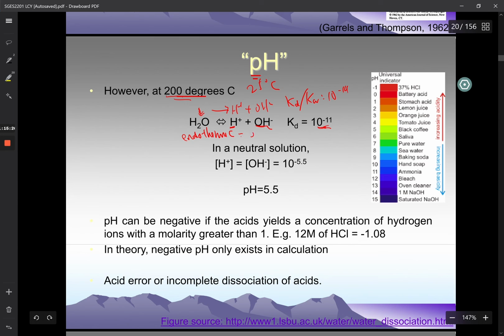And an exothermic process is one where you release energy, or heat. Exothermic can be manifested in the backward reaction.